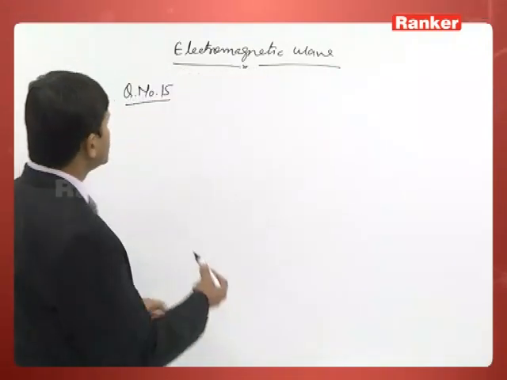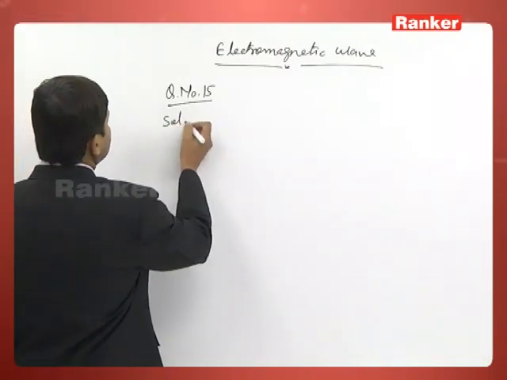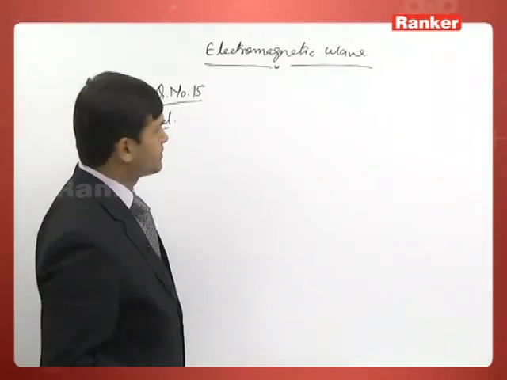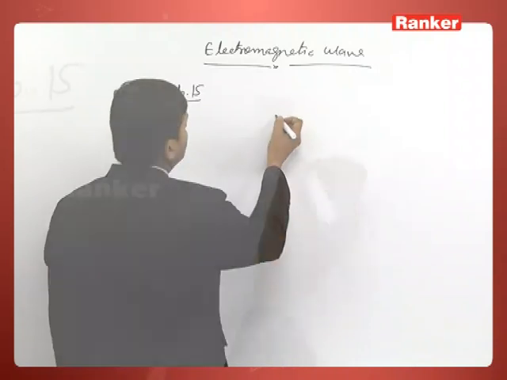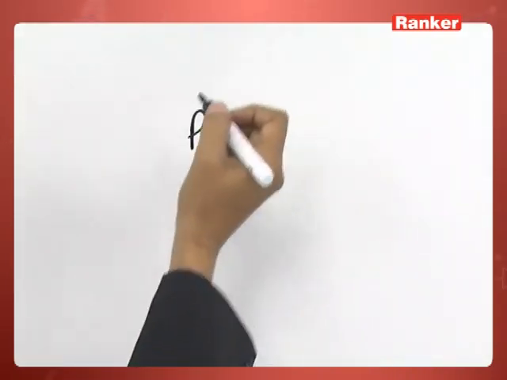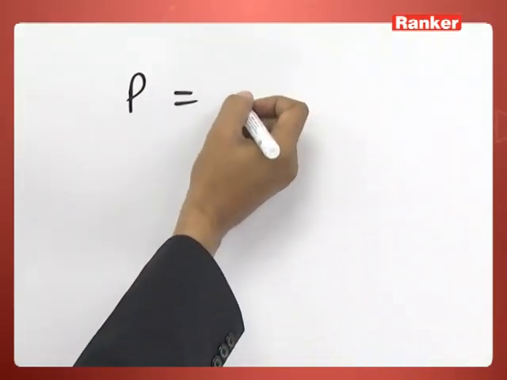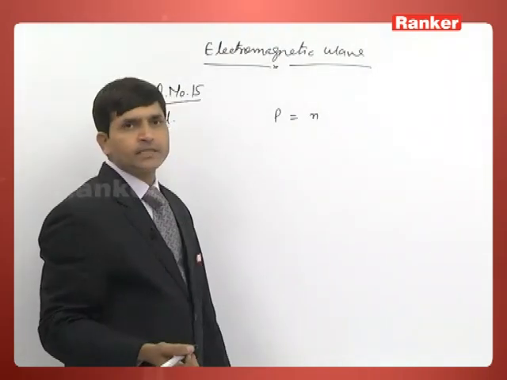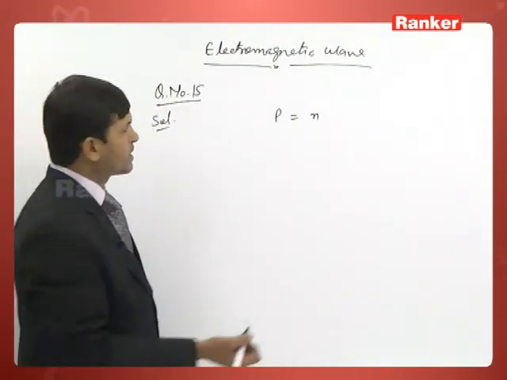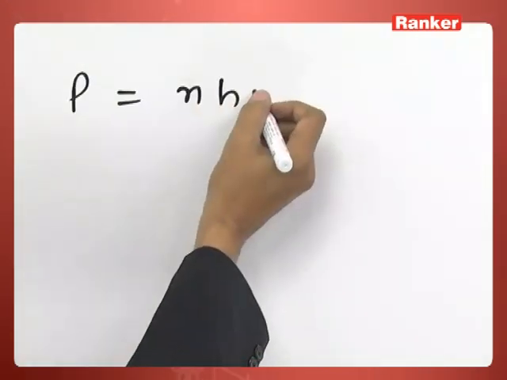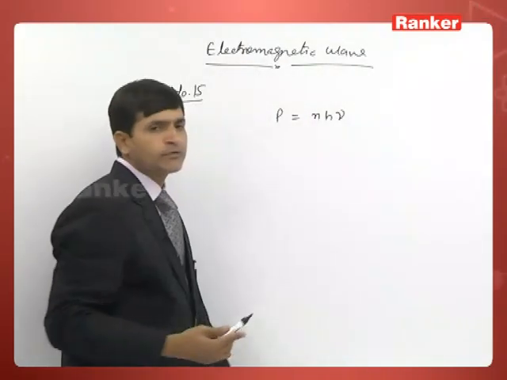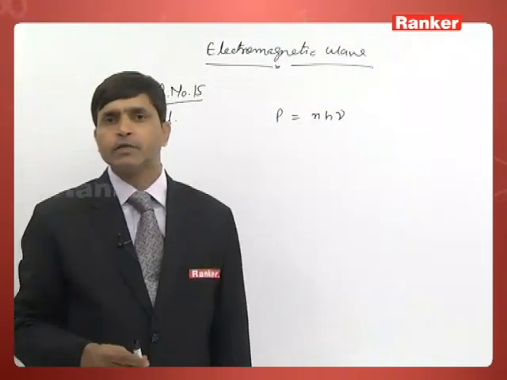First we will find the frequency of radiations. As power is equal to, let n is the number of radiations emitted per second, and each photon has energy h nu.